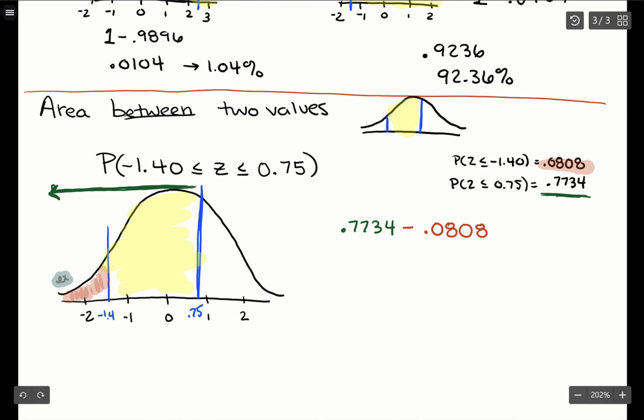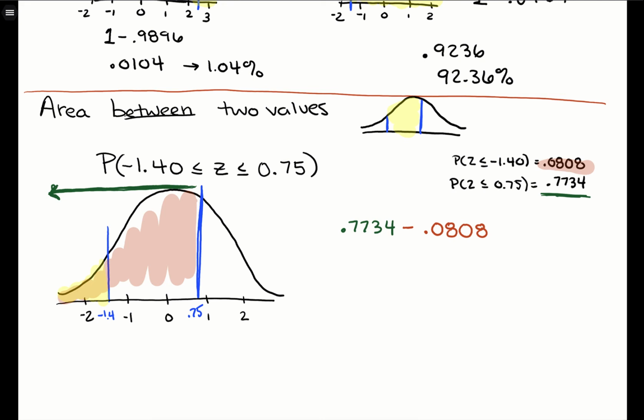So visually what we're doing here, just to kind of see what we have in terms of the subtraction, is we start with this whole area to the left of 0.75, but then what we do is take out this area to the left here, so that we only have that area left over between negative 1.4 and 0.75. So if we carry out that calculation, 0.7734 minus 0.0808, that's a 0.6926, which is 69.26%.